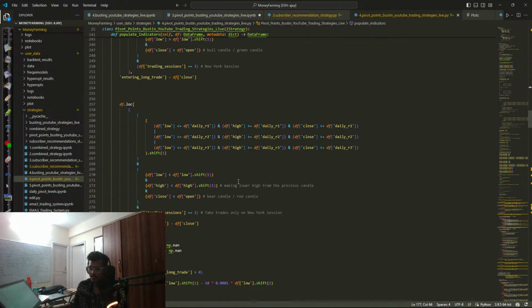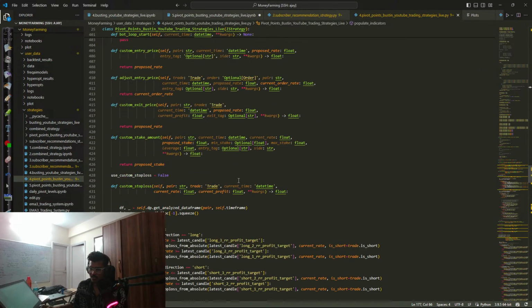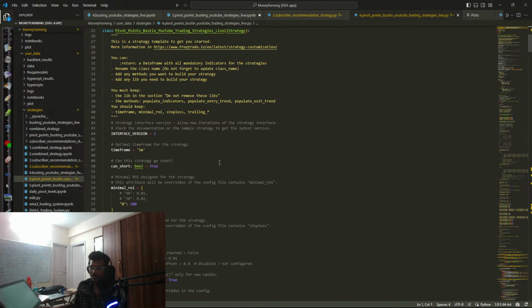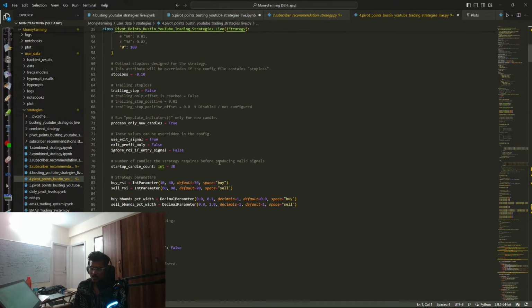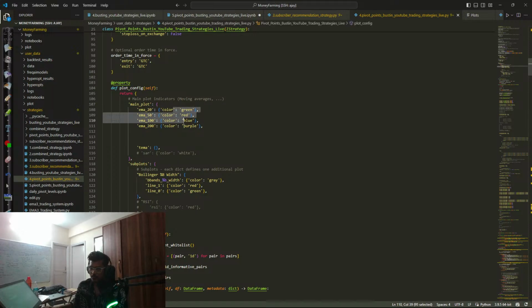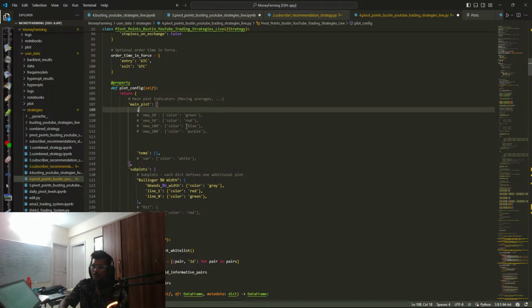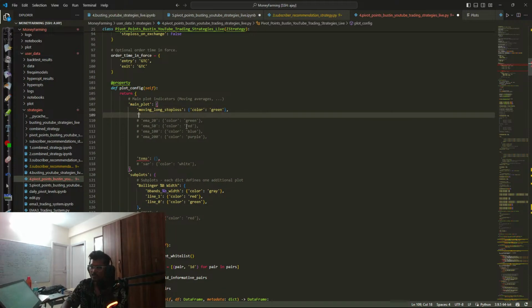Let's also put stop loss here as well, moving long stop loss, moving short stop loss. Long is green, I think. Moving short stop loss, red. So we got that.